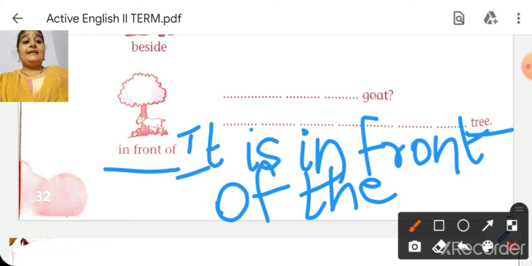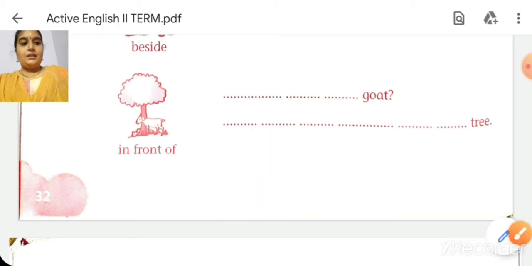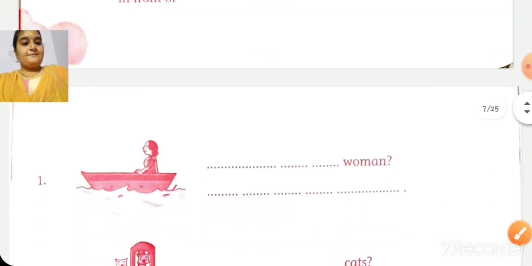It is in front of the tree. Right? It is in front of the. Okay? I'm keeping points right. There you have to write. Okay? I don't have space there. So I'm writing it below. Yes. Okay? Turn to the next page.